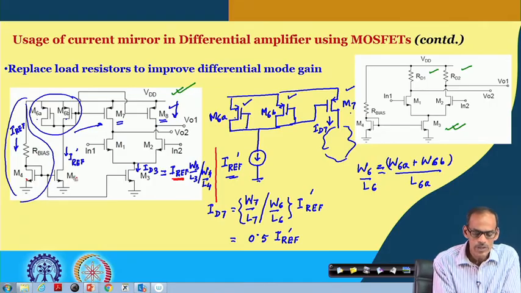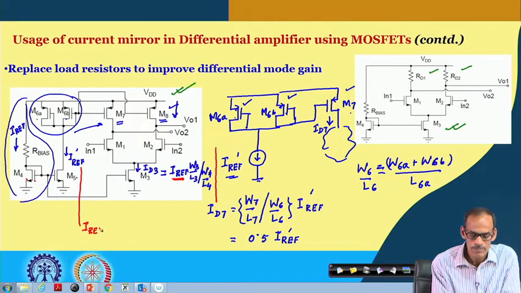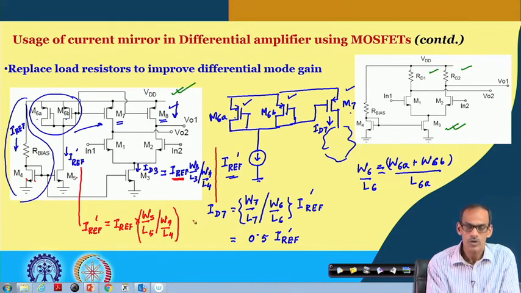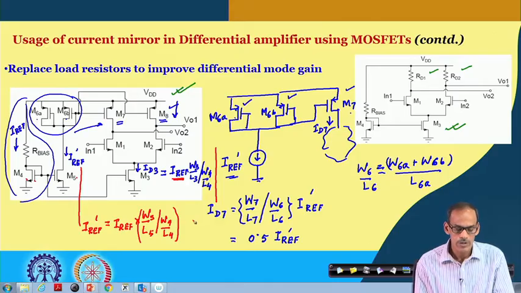Likewise, here also we can get the current relationship, namely I reference dashed becomes I reference multiplied by W by L of transistor 5 divided by W by L of transistor 4, by dropping the 1 plus lambda VDS part.